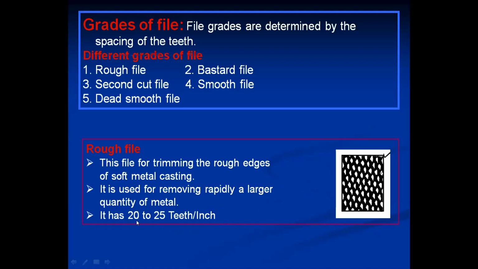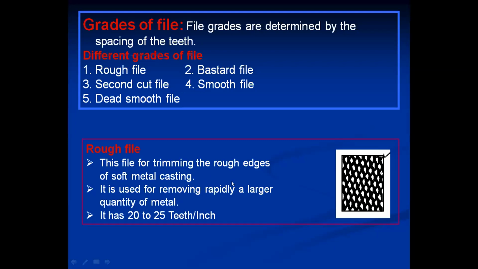It has 20 to 25 teeth per inch, meaning 20 to 25 teeth are arranged per 1 inch in the rough file.